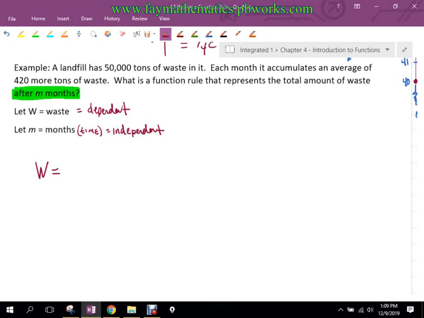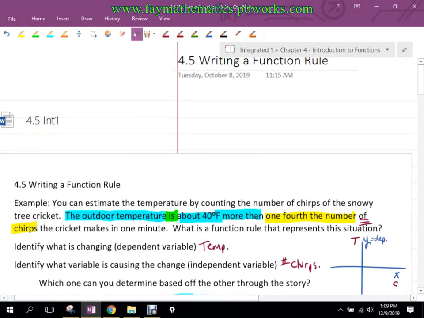And we're going to write then W is changing based on how our months change, right? So I'm going to show you maybe a different way of viewing this. In the last problem, we could take that highlighted sentence and just left to right say, okay, temperature T equals 40 plus 1/4 of, and write down 1/4 C, right? So it's very linear in how we read that and what we can then change it to in terms of algebra.